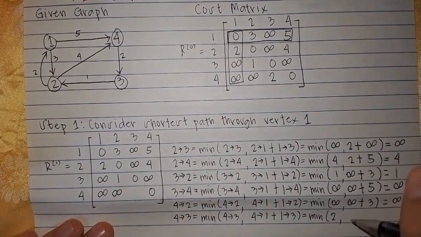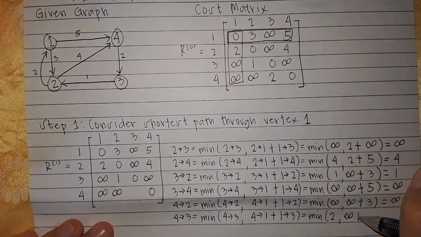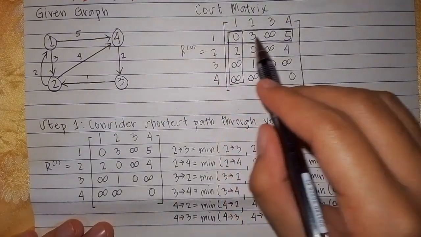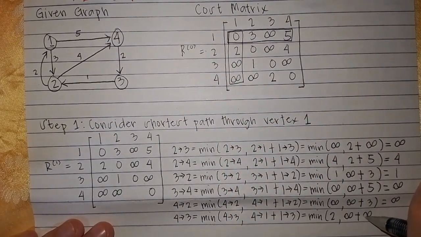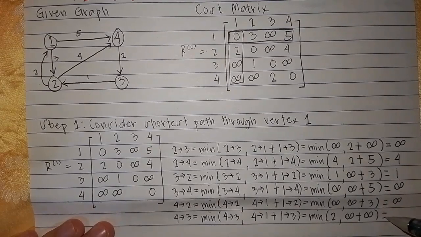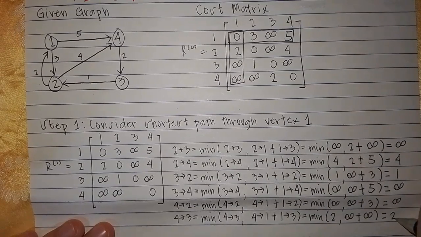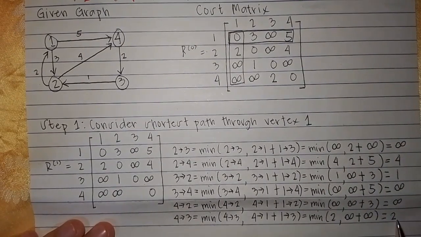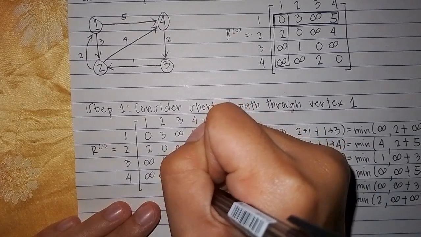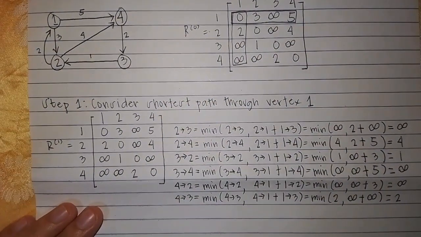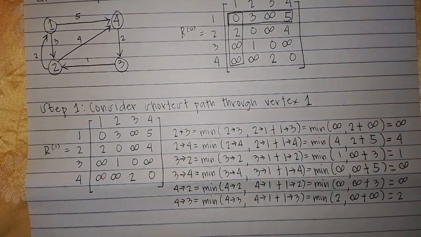And 4 to 1 is infinite. Plus 1 to 3 is also infinite. So we will get this as 2. So 4 to 3, the value was 2. So we will put 2 in the matrix. So this is the new cost matrix that we found in step 1. So this matrix is R of 1.